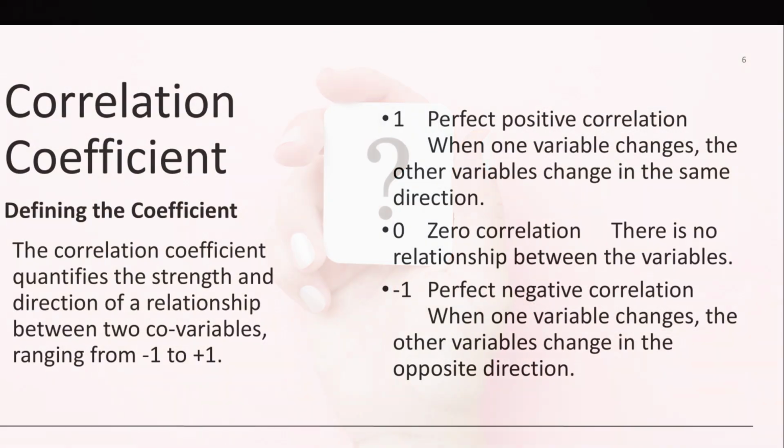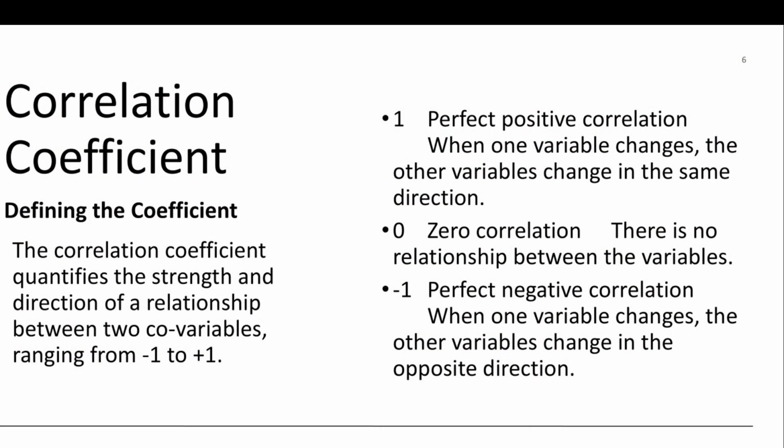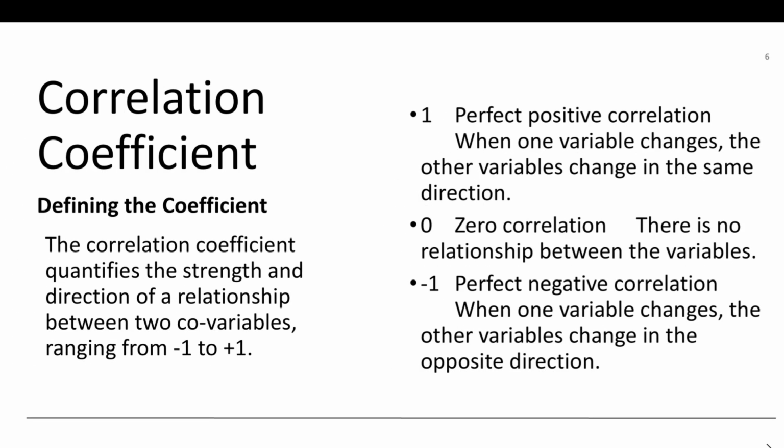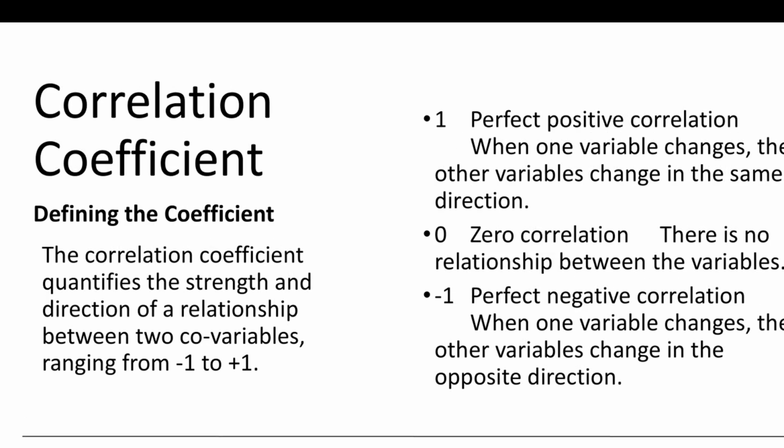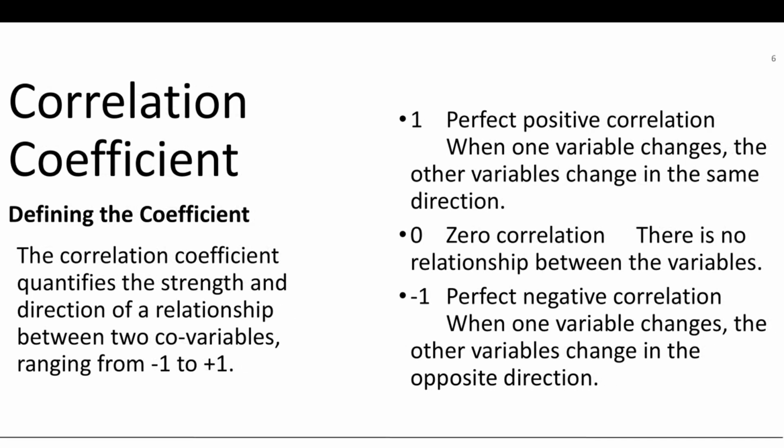So what's a correlation coefficient? The coefficient is the number you get once you've done your number crunching, once you've done your statistical analysis. Typically, we'd use either Spearman's or Pearson's, depending on whether our data's ordinal or interval. But don't worry too much about that. What you need to be able to understand is what the numbers mean, less about how you calculate them. When we do our calculation, we always get a number between -1 and +1.